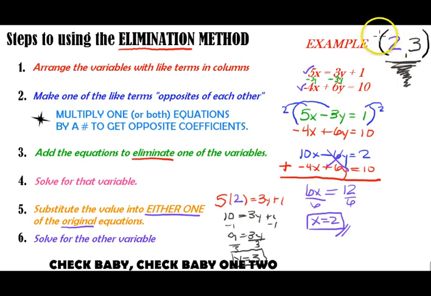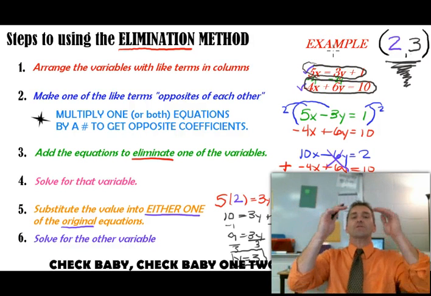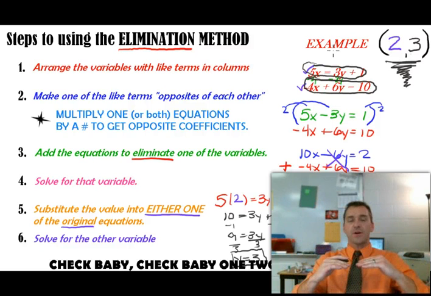How do you check it? Well, you take this 2, 3, and you plug it into this equation and make sure it works. And you plug it back into this equation. Don't just plug it back into 1, because remember, when you're looking for the solution to this particular system, you're looking for that ordered pair that works in both of the actual equations.